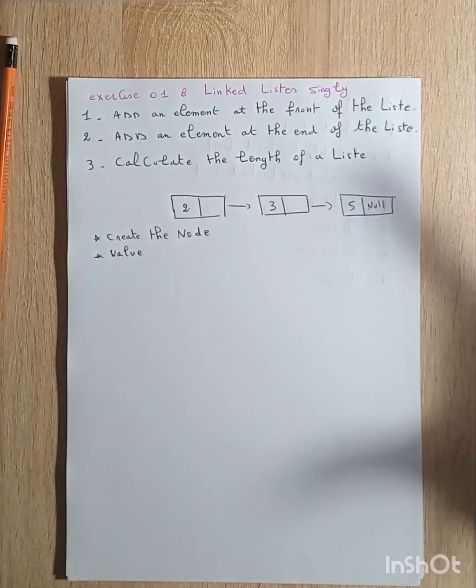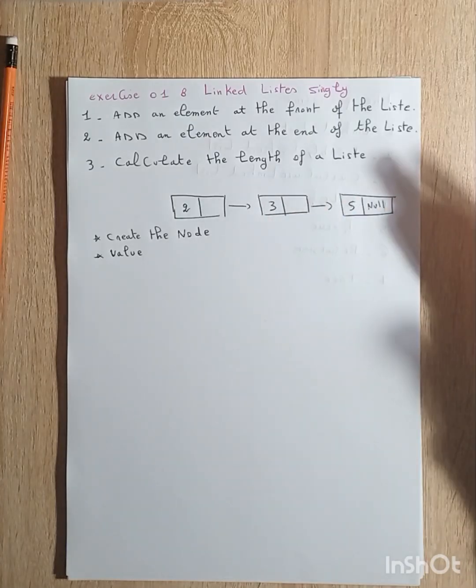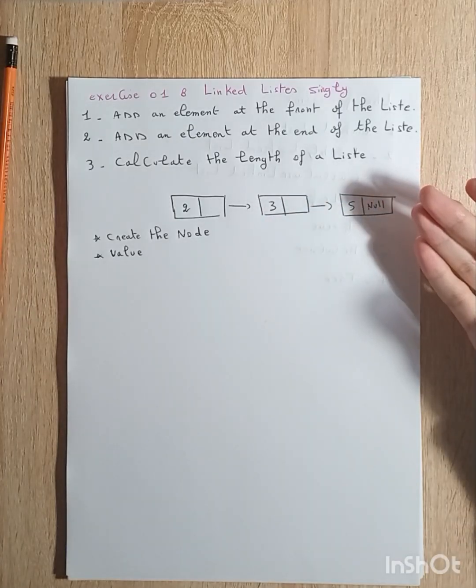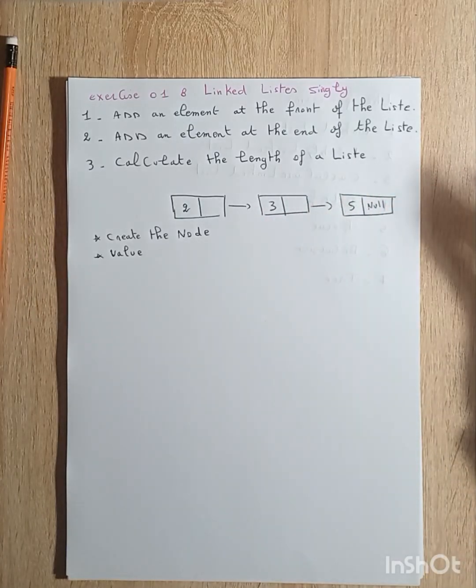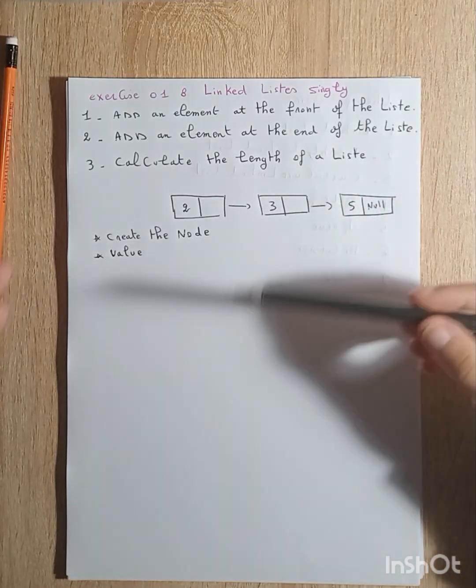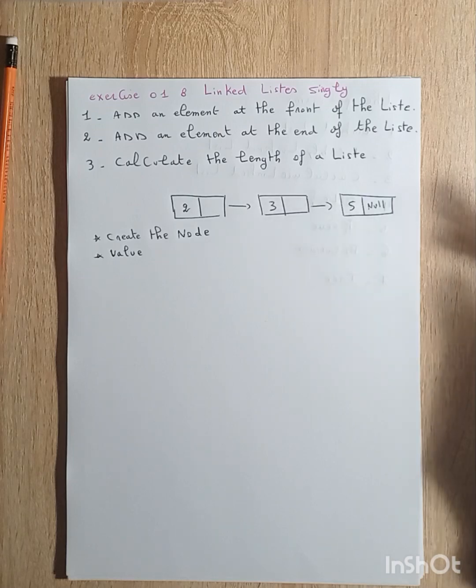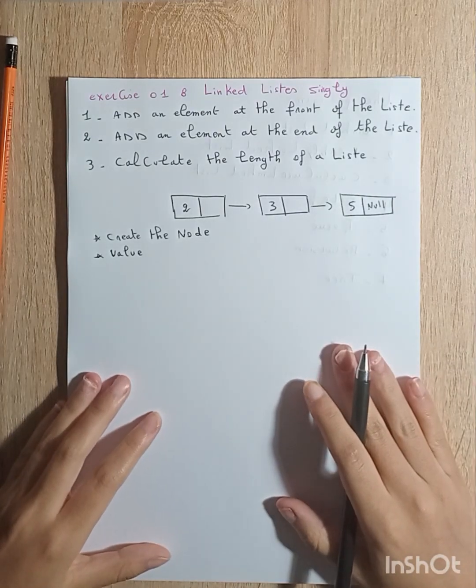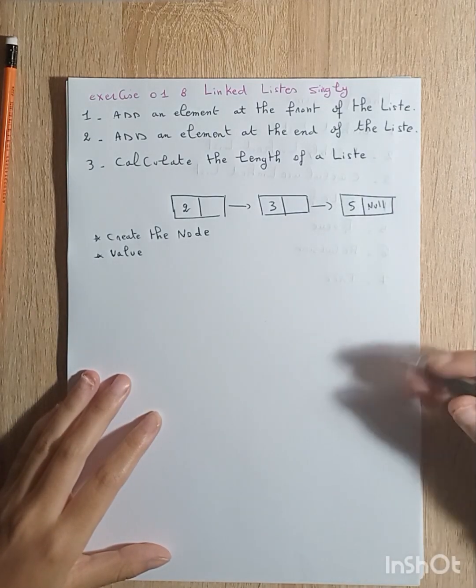Now, when we give it a value, how to link it at the first? We need a pointer that points to this node. Okay, so let's see how I will write this algorithm.